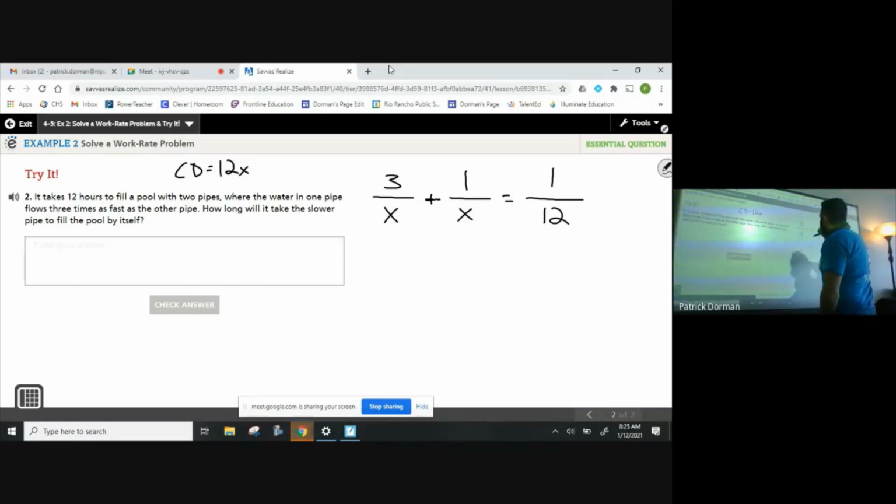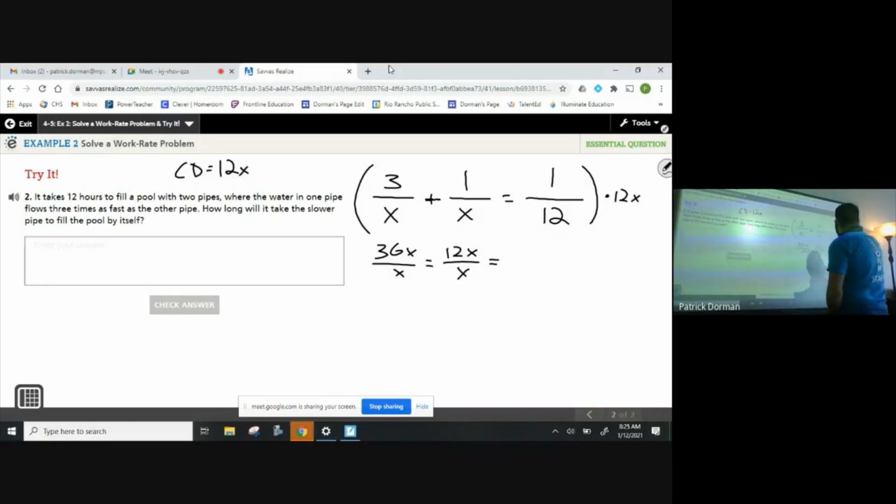So then we'll go ahead and multiply everything by 12x. And I'm going to go ahead and do the actual multiplication on this one just to save a step. So 3 times 12 is 36x over x. 12x over x. And we multiply 12x times the 1. And then 12x times the 1 in our last term gives us 12x over 12.